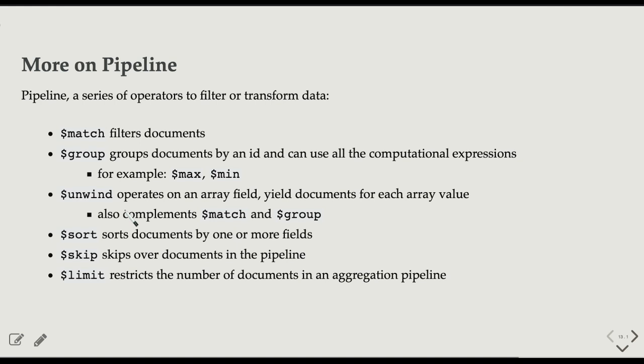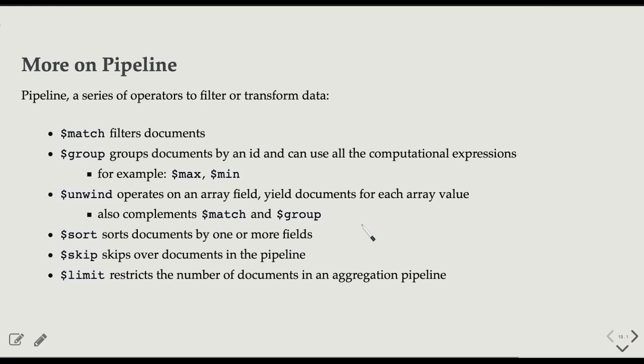Sometimes $unwind is also useful if you have an embedded structure. For example, inside each document, you may also have a list of things. $unwind will allow you to unpack the values so that you can also run statistics on them.